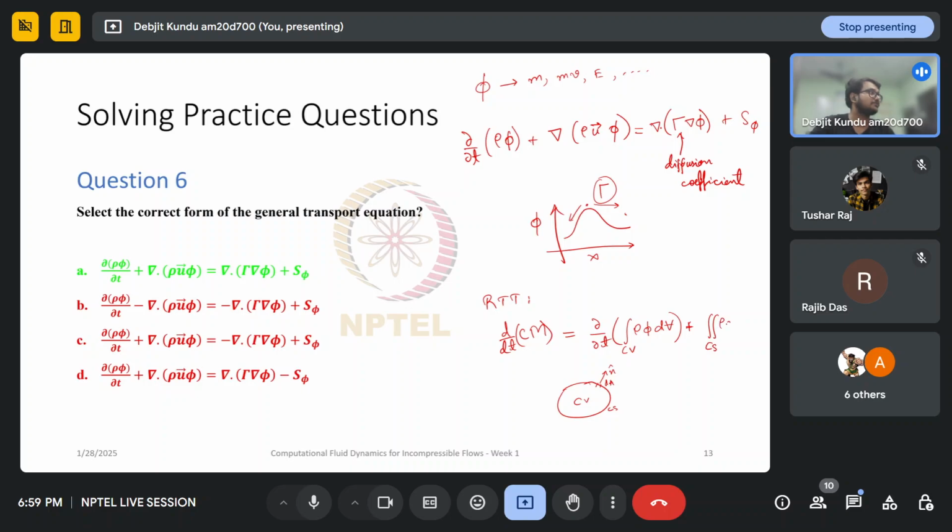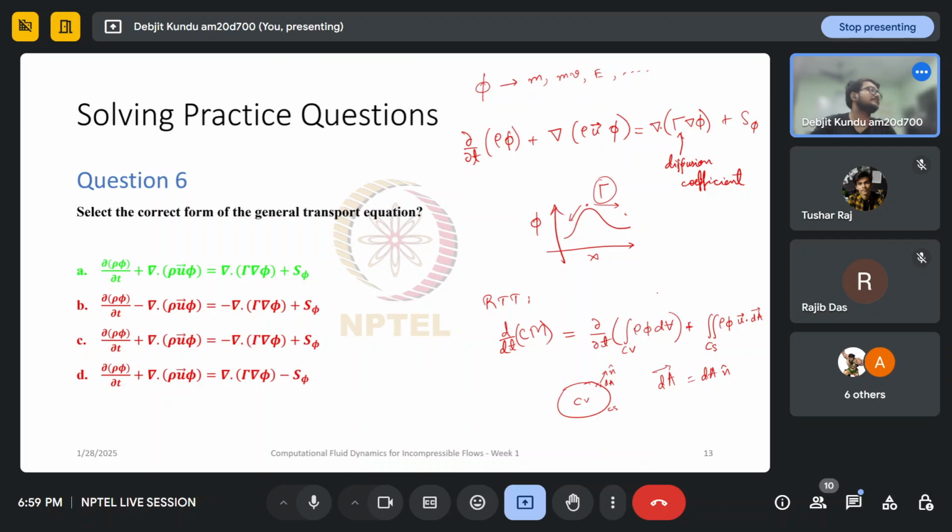It will be equal to rho phi into u at that location into dA. So the dA vector is basically dA into this n cap, which is a direction vector. This is what Reynolds transport theorem is.